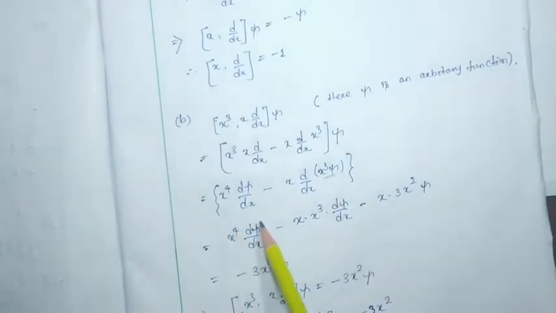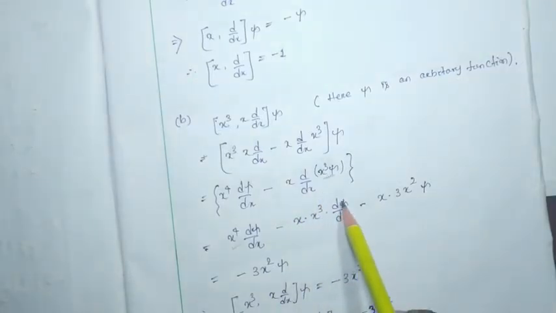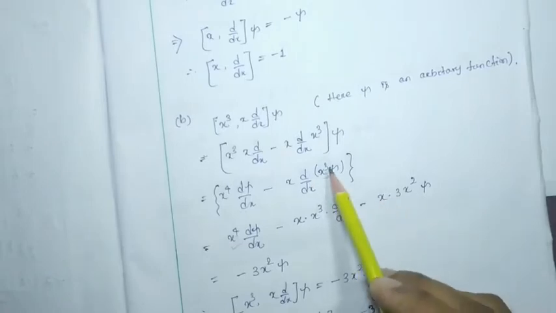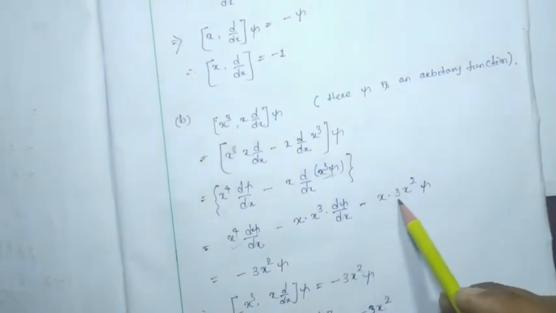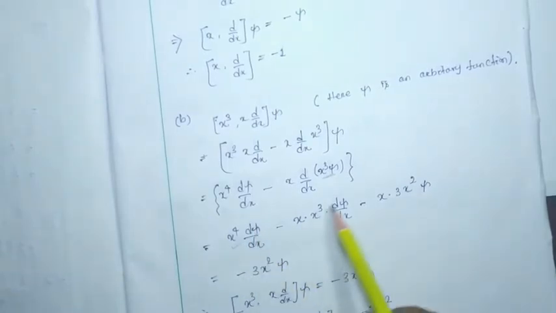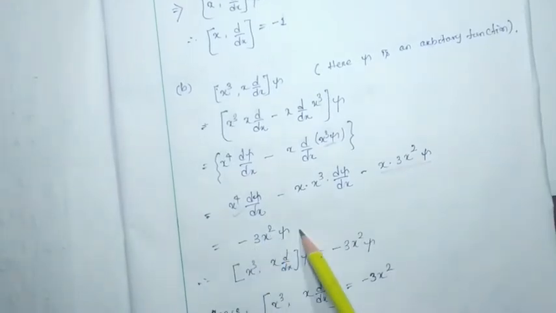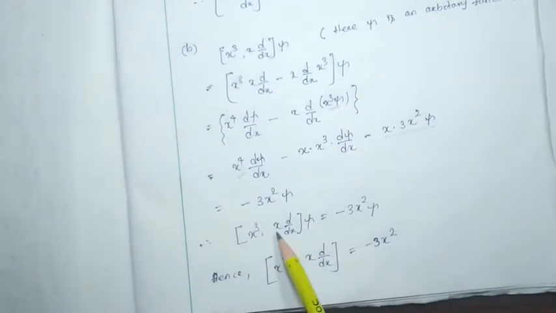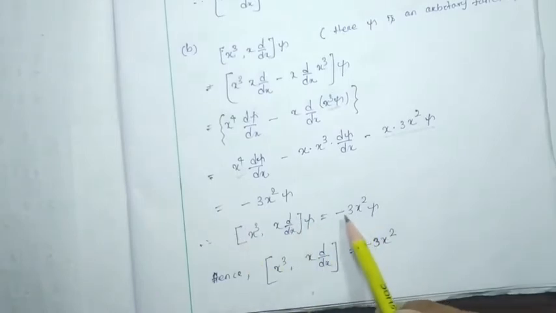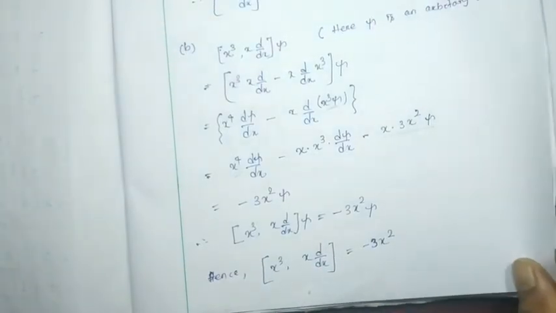This will be x^4 d psi/dx minus x^4 d psi/dx minus 3x^2 psi. So this term will be opposite and equal and cancelled out, and this term is nothing but minus 3x^2 psi. Hence the commutator of x^3 and d/dx will be equal to minus 3x^2.